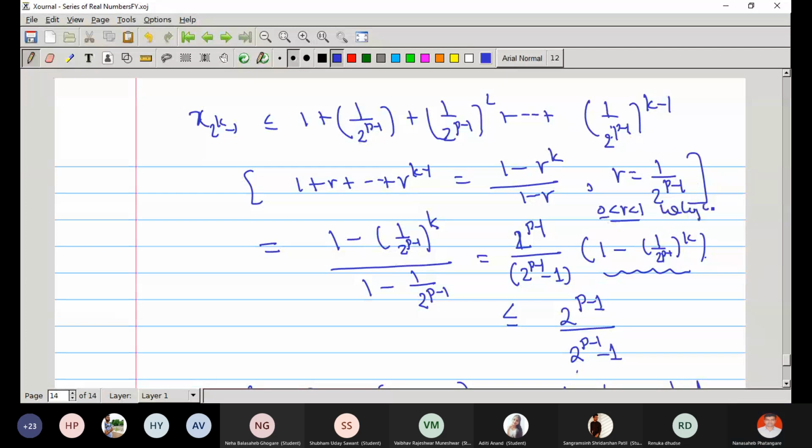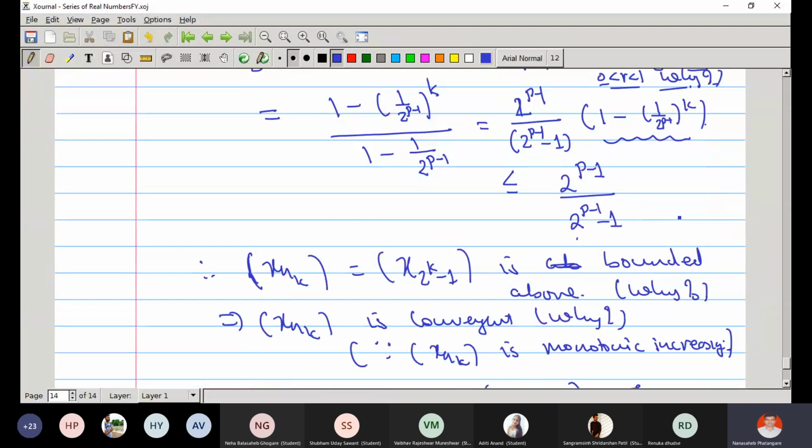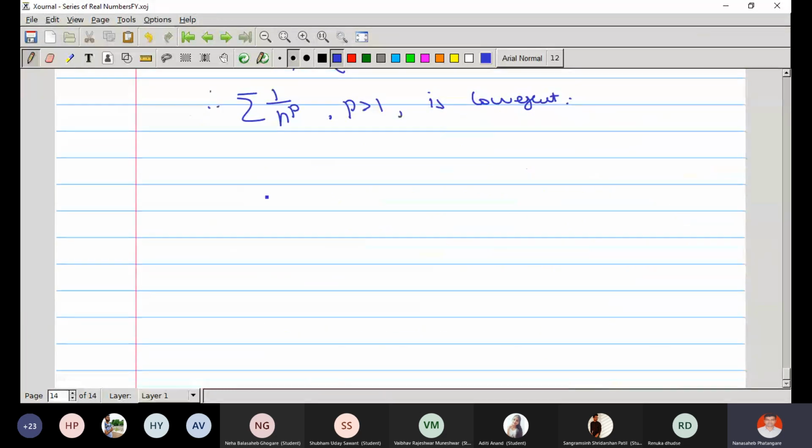Why? Because p is greater than 1, that plays an important role here. Okay, so what can you say about the series 1 upon n to the power 3 by 2? Is it convergent? What is p here?